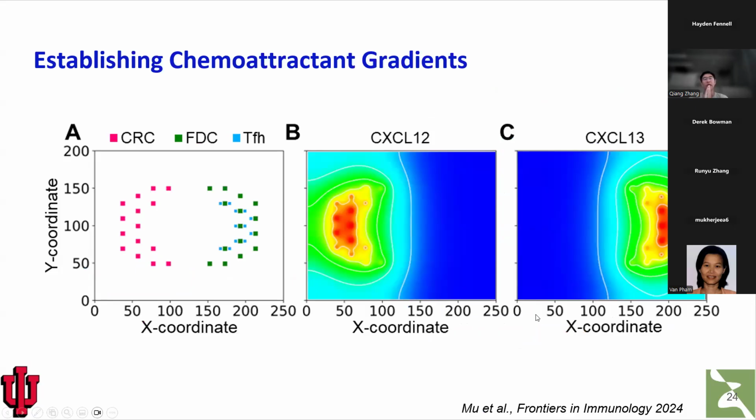So here we give you the idea of the chemotaxis gradient you'll see with the model we published in the paper. Because the CRC cells produce CXCL12, you have a high concentration in the dark zone and a low concentration in the light zone, and CXCL13 has an inverse polarity.